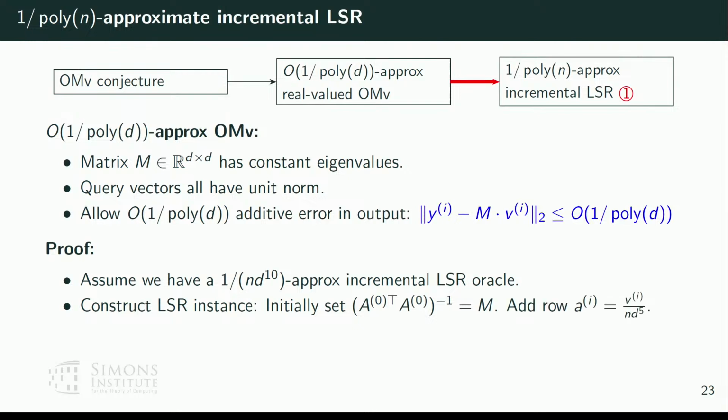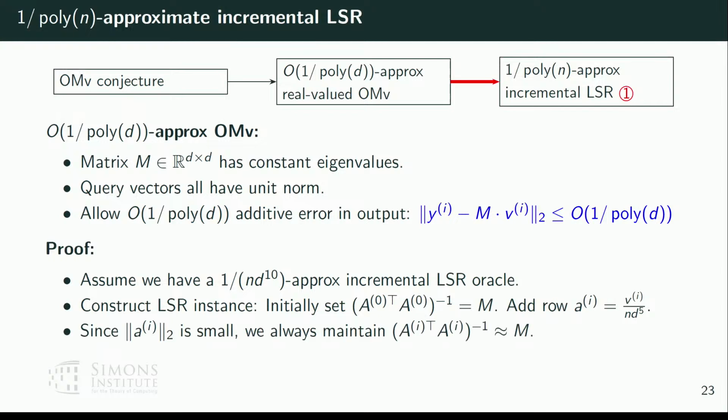And then we add some row AI, that's the query vector, but scale it down by n times some polynomial of d. And because we scale it down, this vector will have a very, very small norm. And it's very important that we scale it down by something that's n. That's why we only get this hardness result for 1/poly n approximation.